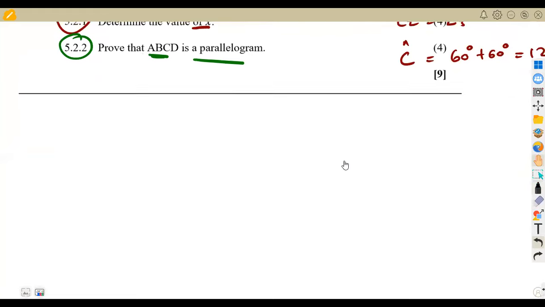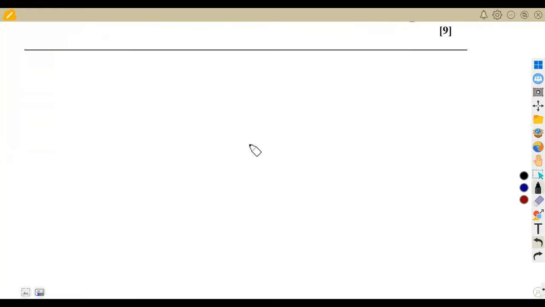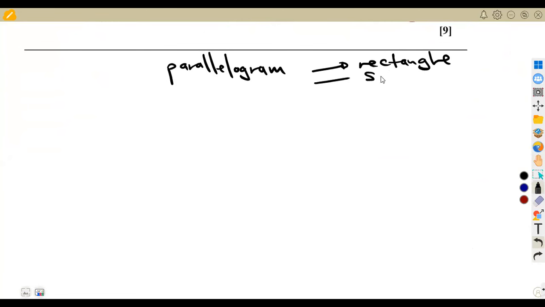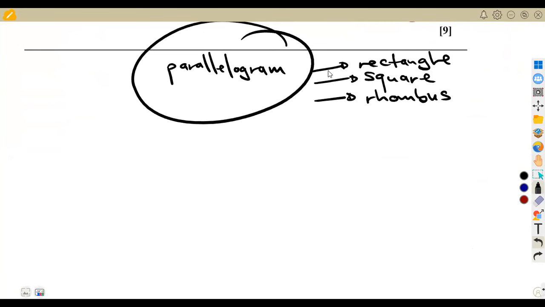You must be able to know for the parallelograms, the properties of a parallelogram are the ones that you also apply on a rectangle, the same properties that you apply on a square, the same properties that you apply on a rhombus. All right, this is the mother of these ones.